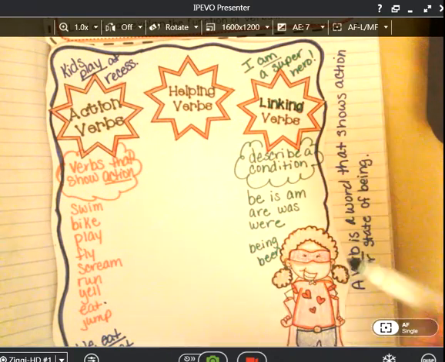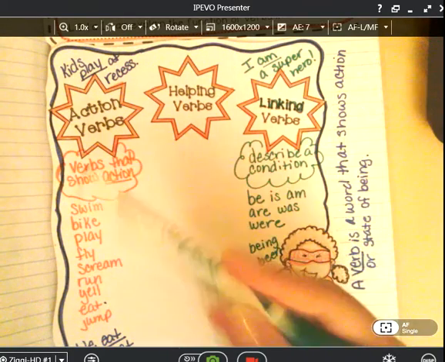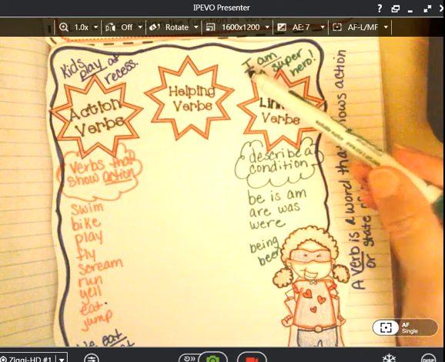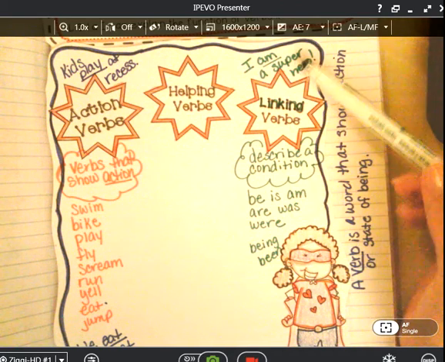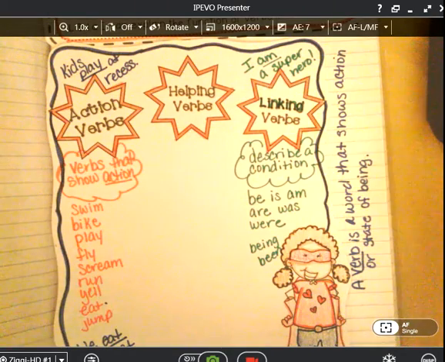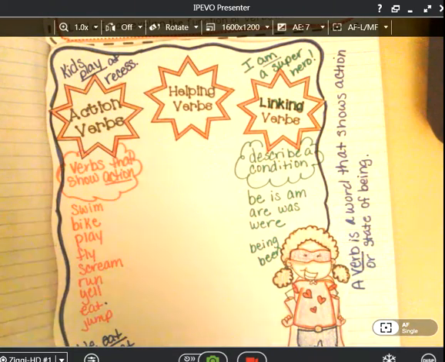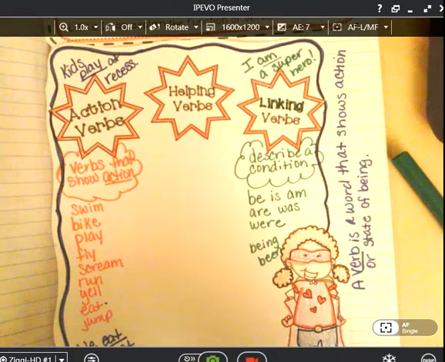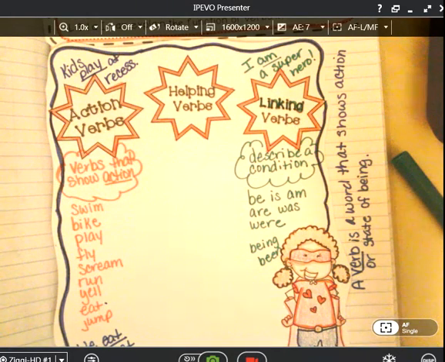So again, we've got our action verbs over here. We've got our linking verbs that link the noun to the adjective. The adjective, also, of course, describes what something is or is like. And so now we're going to put in the middle here our helping verbs. And these are verbs that help the action verb.